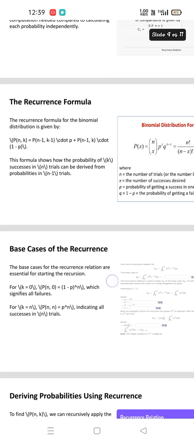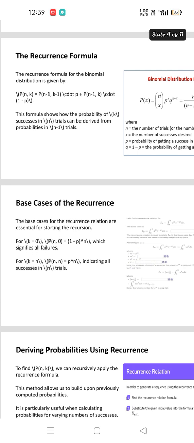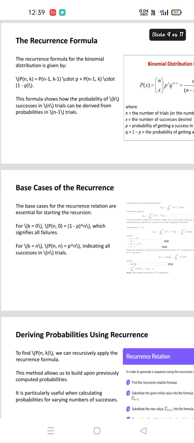Base cases of the recurrence. The base cases for the recurrence relations are essential for starting the recurrence. For k equal to 0, P(n, 0) = (1 minus p)^n, which signifies all failures.